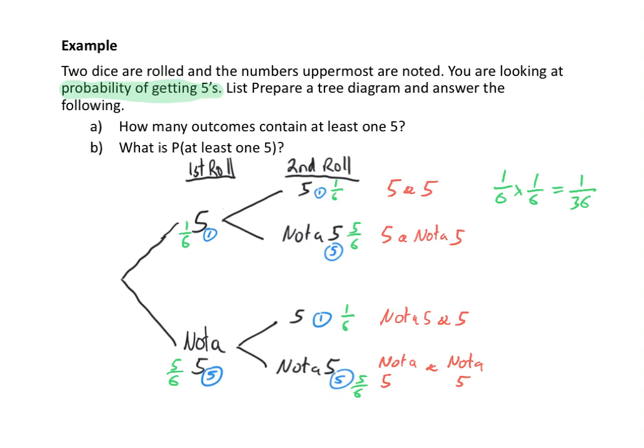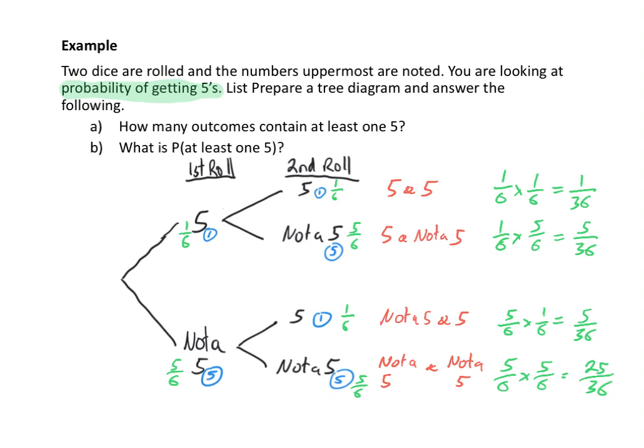For 5 and not a 5, it's going to be 1 over 6 times 5 over 6, which is going to equal 5 out of 36. Probability of not a 5 and a 5 is going to be 5 over 6 times 1 over 6, which is equal to 5 over 36. And not a 5 and not a 5 is going to be 5 over 6 times 5 over 6, which equals 25 over 36. So now I've assigned a probability to all of my possible outcomes.